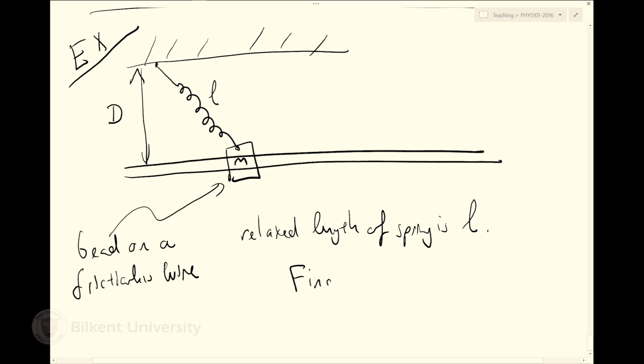Find the frequency of small oscillations.